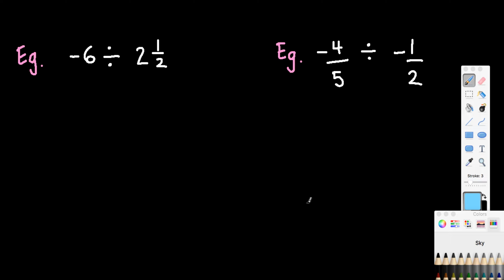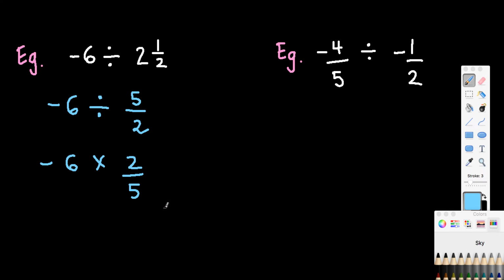Okay, just a couple with some division now. You'll see here I've got a mixed number, so I'm going to convert that first. 2.5 is 5 on 2. And when I'm dividing a fraction, I'm actually going to multiply by its reciprocal.